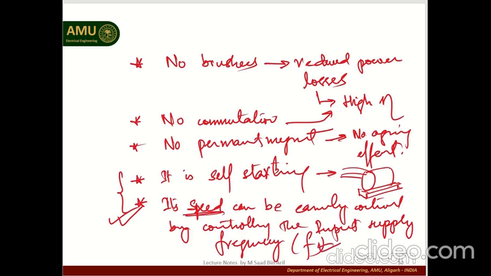Okay. Now, what you observe is that till now we have discussed different features of induction motor, and it has been found that in case of induction motor, we just give a supply to the stator of the induction motor.